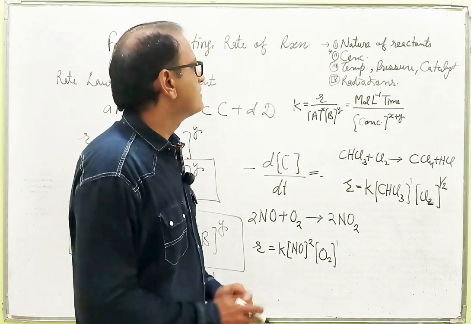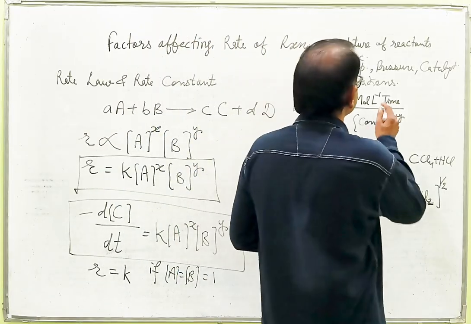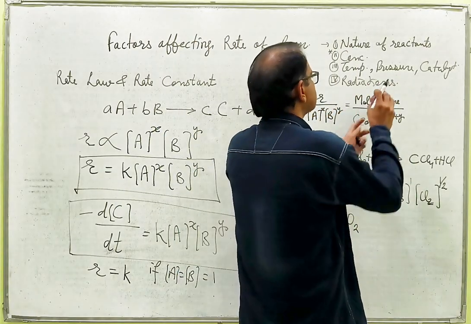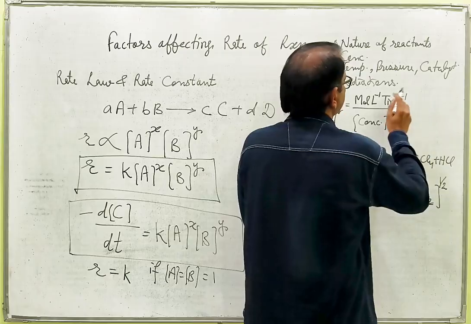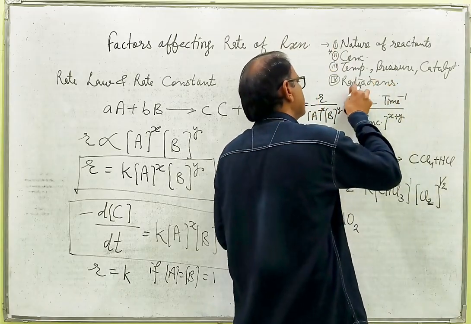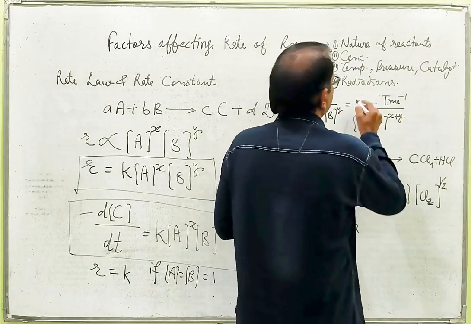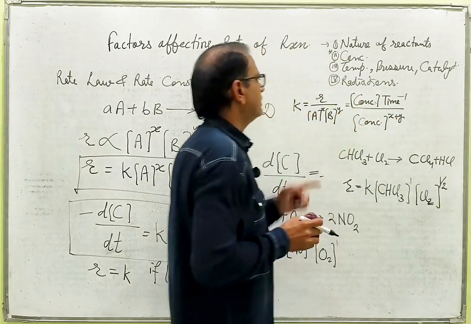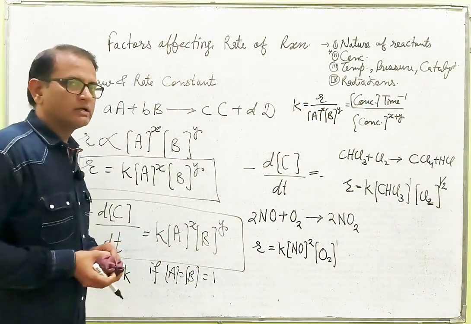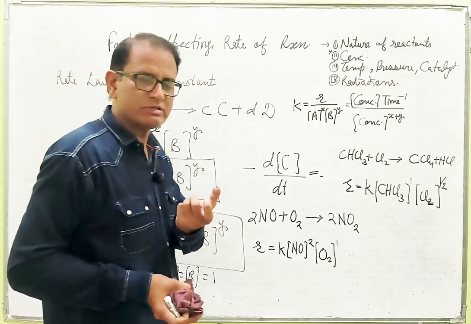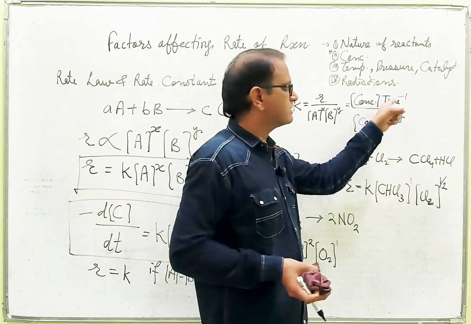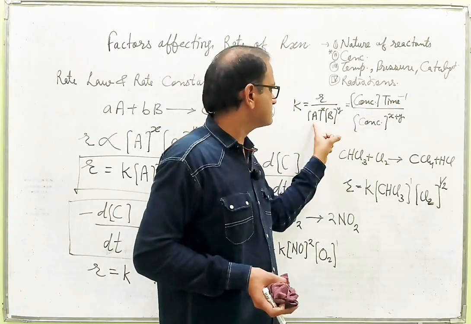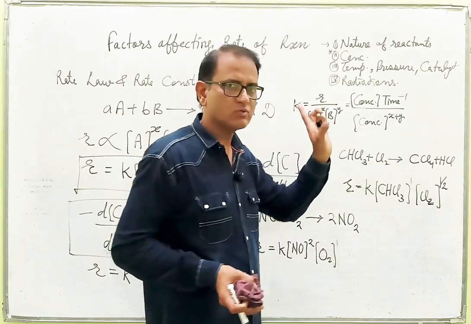We can also write the rate as concentration time inverse, because rate is mole per liter, and mole per liter means concentration. So concentration time inverse, divided by concentration power x plus y.